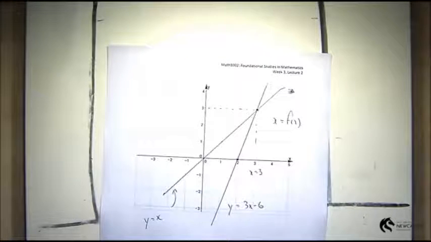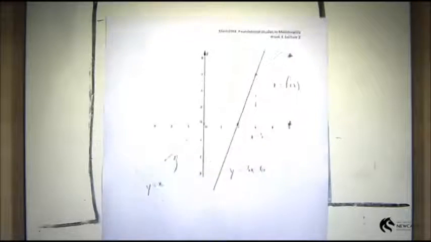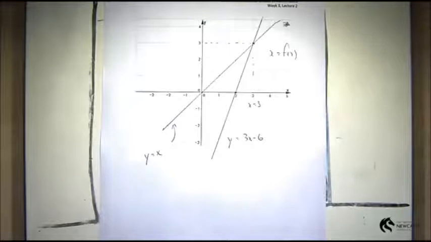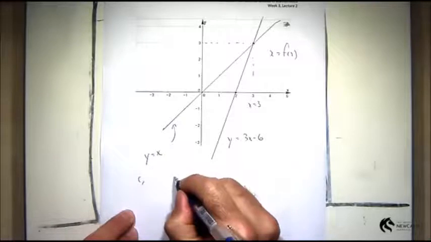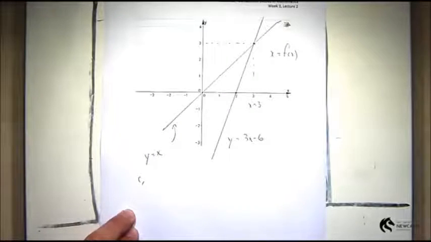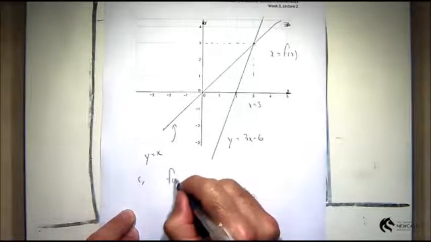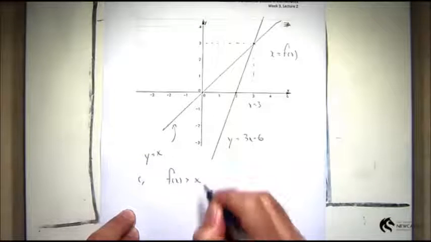And it also allows us to do part C geometrically as well, but let's do it algebraically first. Part C says, for what values of x is f(x) greater than x?